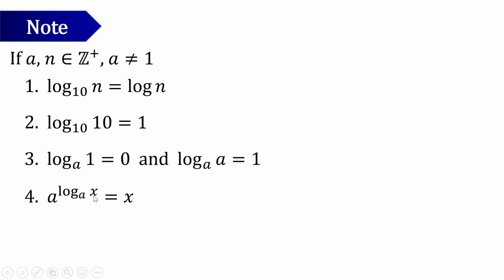We just take the radicand. And the fifth, note that if we have log base e, this is a special logarithm, which we call the natural logarithm, or simply ln n. This is ln, not in. So ln e is equal to 1.